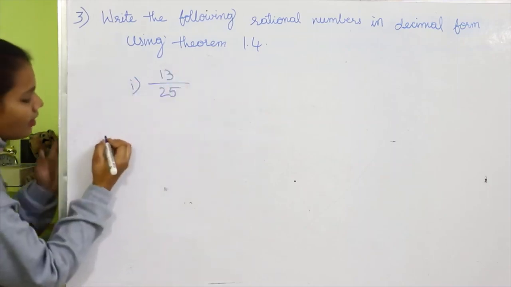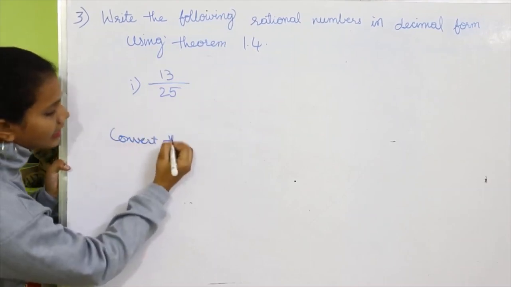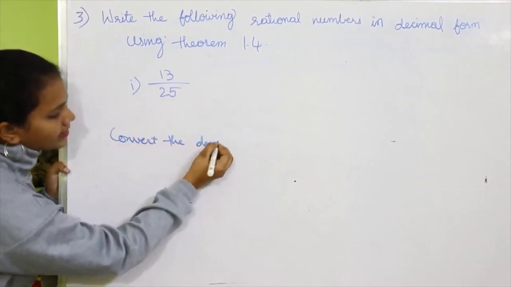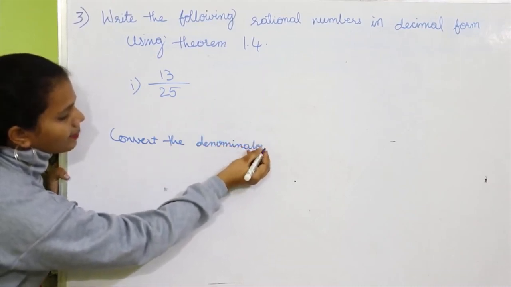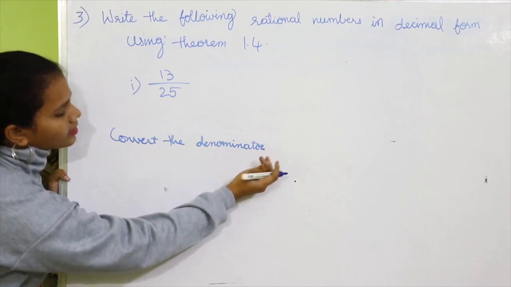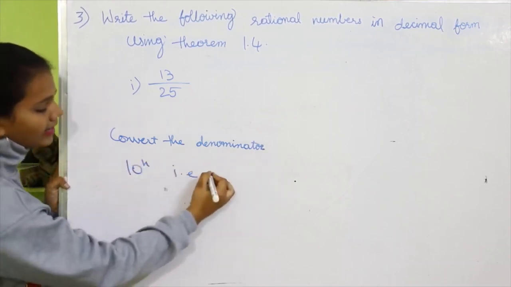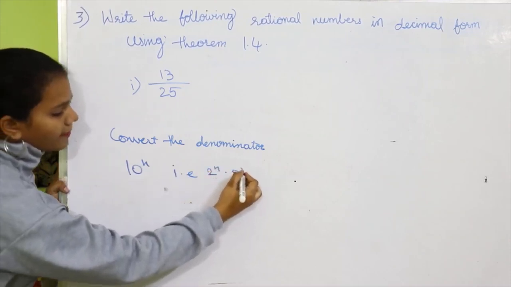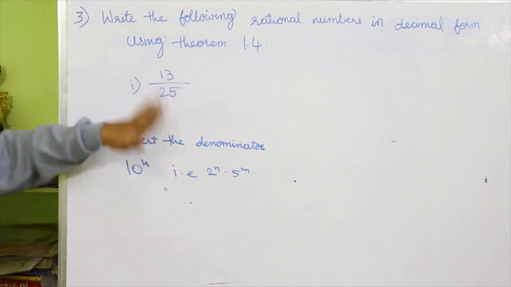Theorem 1.4 tells us to convert the denominator into 10 power n, where 10 power n is 2 power n into 5 power n. Clear? As you go with the examples, you will be getting it, not a problem. Now let's start with the first one, 13 by 25.